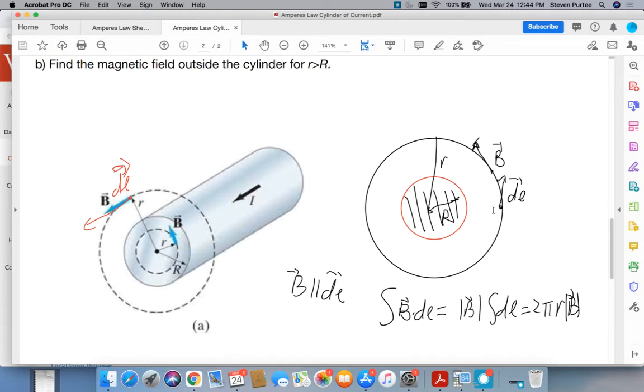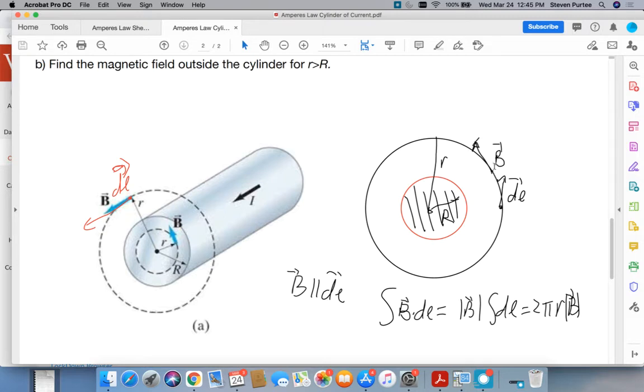I know by symmetry, B should be constant around this circle and should be tangential to the circle. So my Amperian loop looks like this. This is my loop, and I'm traversing this in a counterclockwise direction so that dl points counterclockwise at every point. It's tangential to the surface.